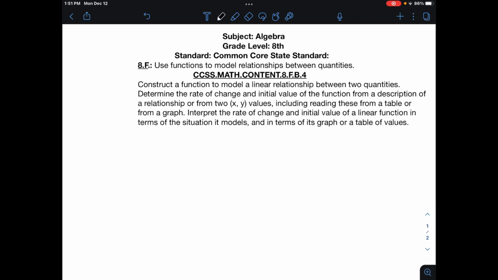So without further ado, for today's mini lesson, we will be focusing on the Common Core standard using functions to model relationships between quantities, and the target grade level is 8th grade, and this would be for an algebra course. So we will be examining a function and components of a linear relationship between two quantities.